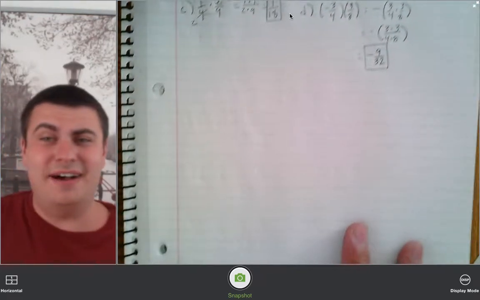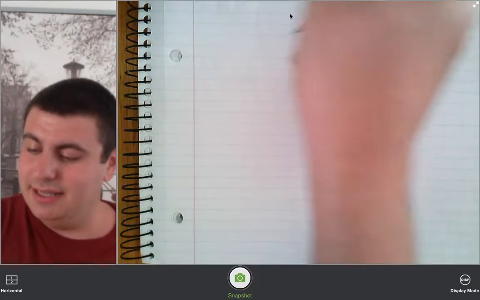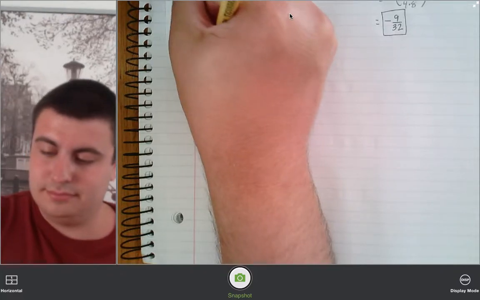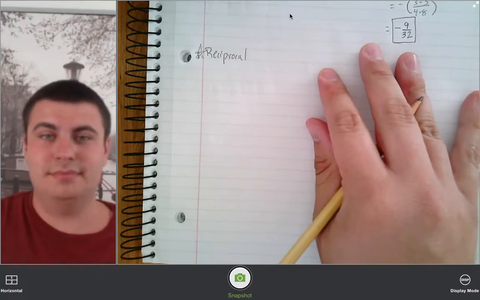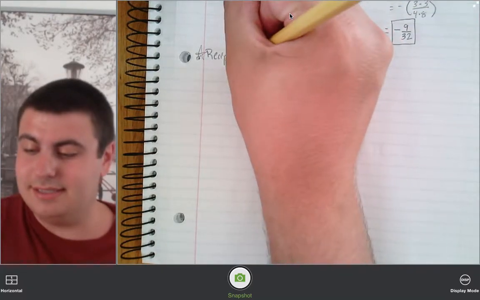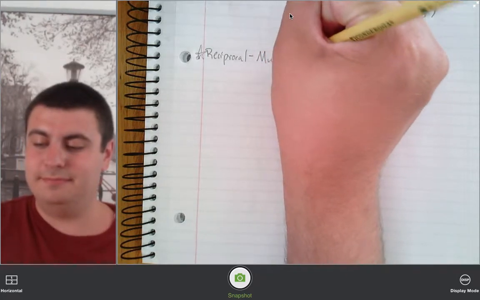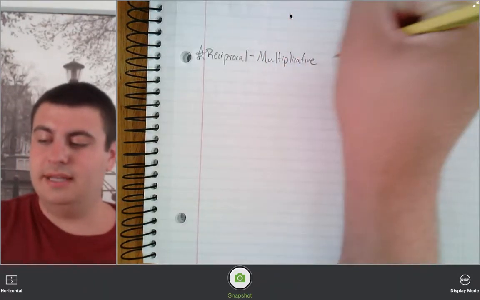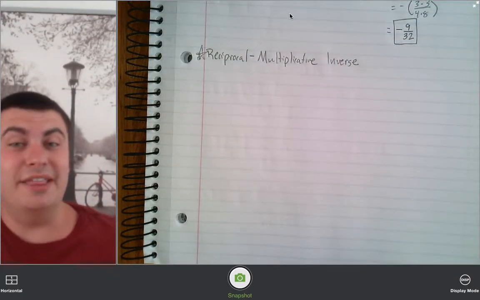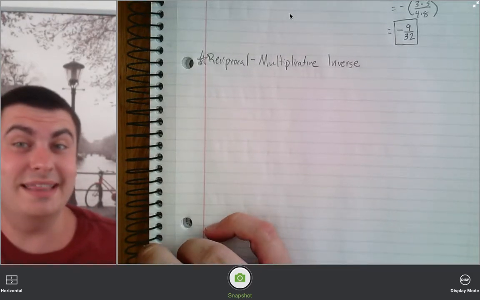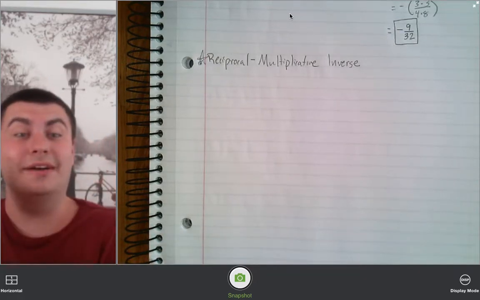Alright, before we can divide, there's one concept that we should go over, and that's finding the reciprocal. The reciprocal is a fancy term for the multiplicative inverse. So if we were to find the reciprocal, we would be finding that rational number that, when multiplied by the original, we're left with 1.